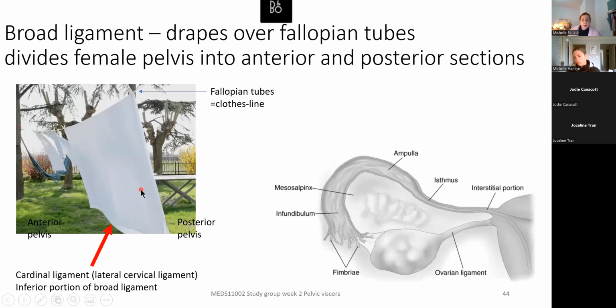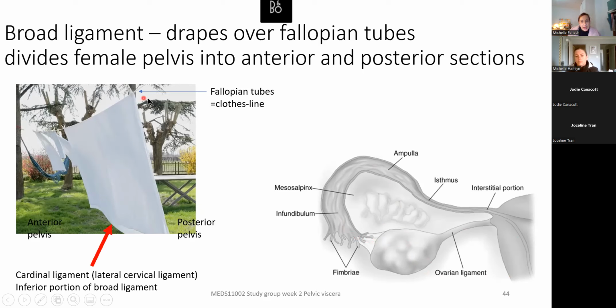This broad ligament is a sheet of tissue, like this sheet. It's going to flip over this fallopian tube and then sort of envelop where the ovary sits. And that's to make sure that this ovary doesn't move too far away from these fimbriae, and it sort of allows a little pathway for the egg to travel along to go into this fallopian tube, if that makes sense.